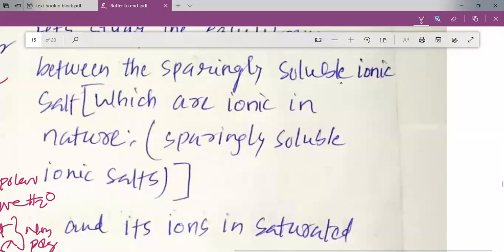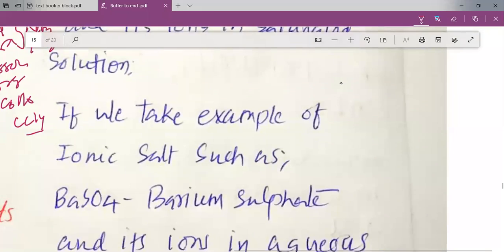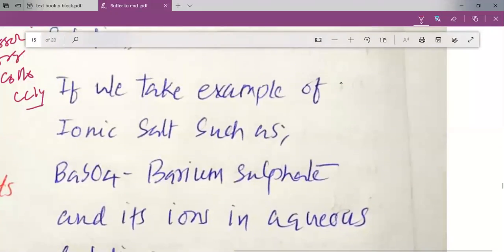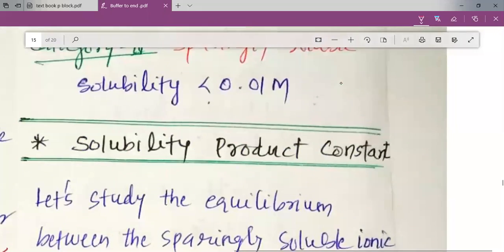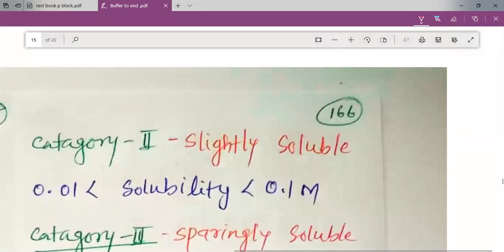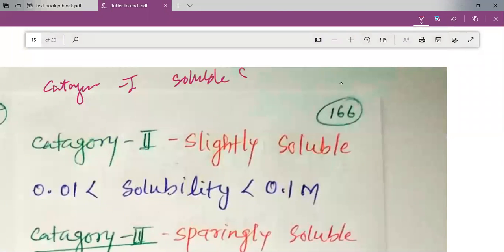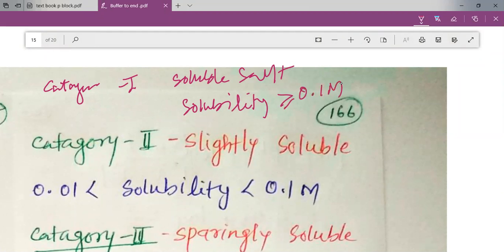The first category, my dear students, is known as the soluble salt. Soluble salts have solubility greater than or equal to 0.1 mole per liter.